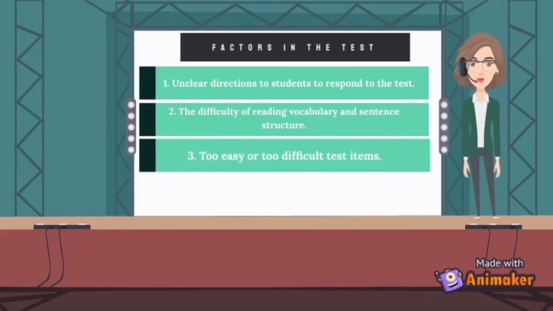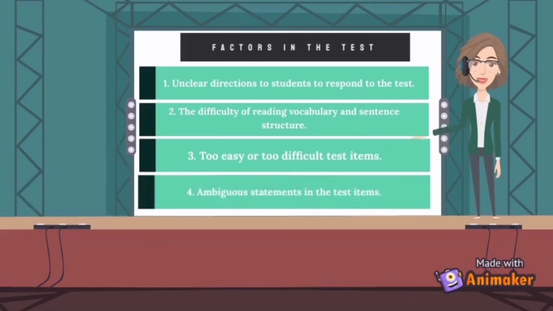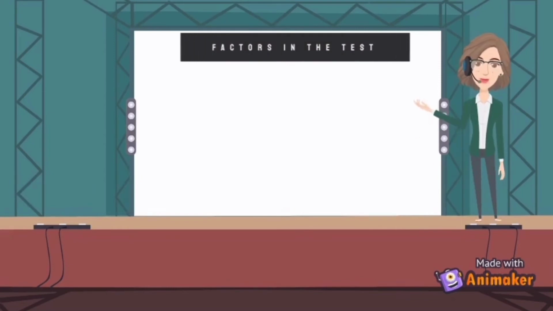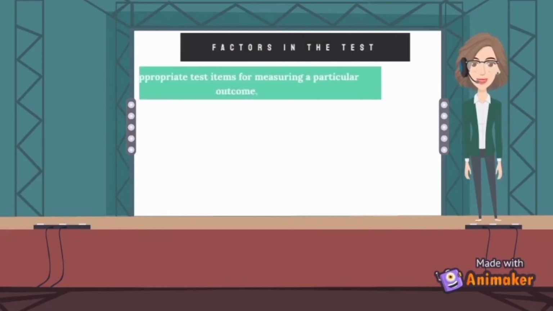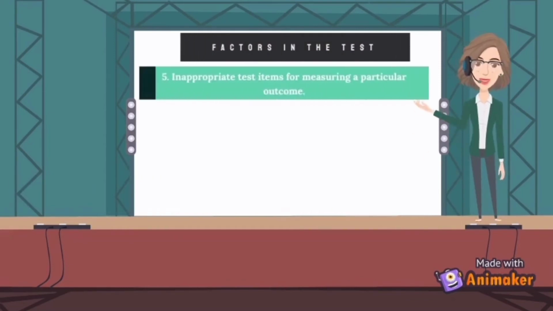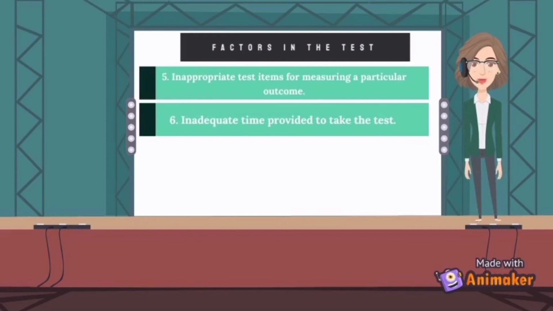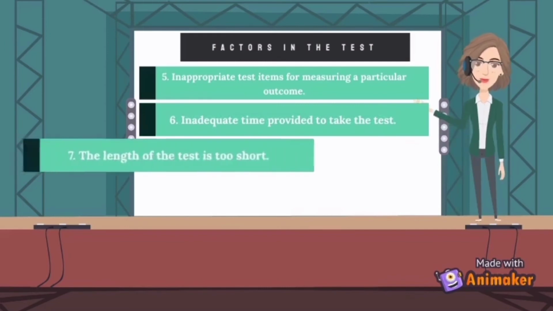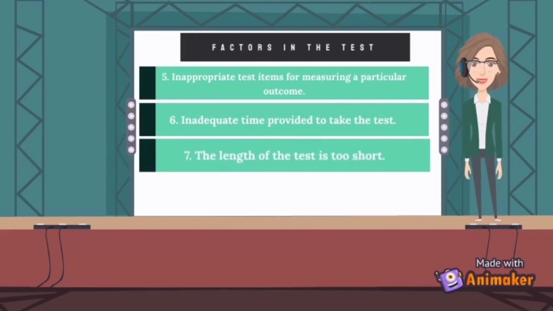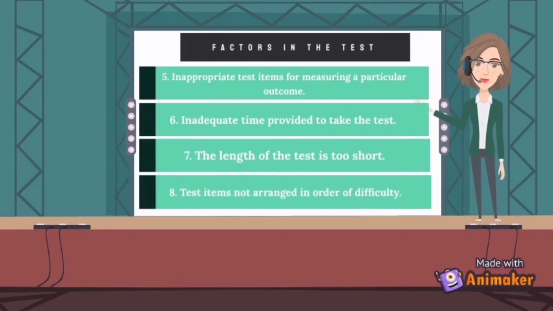Then, ambiguous statements in the test items. Next, inappropriate test items for measuring particular outcomes. Inadequate time provided to take the test. The length of the test is too short. And then the last is test items not arranged in order of difficulty.